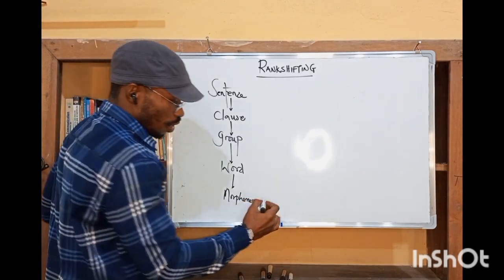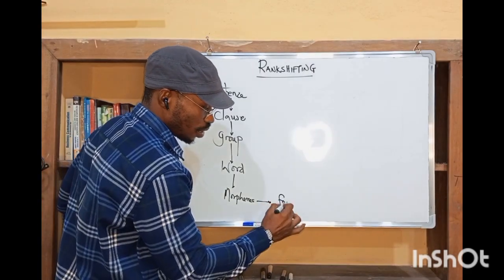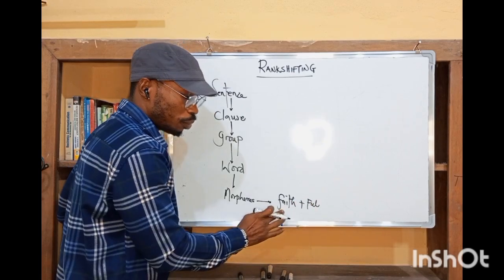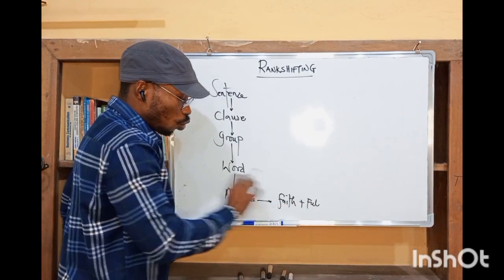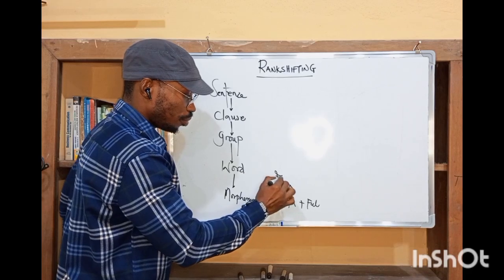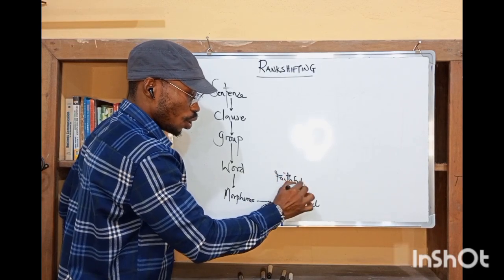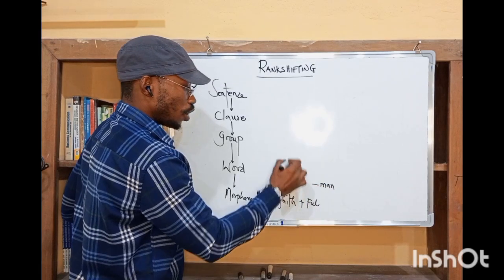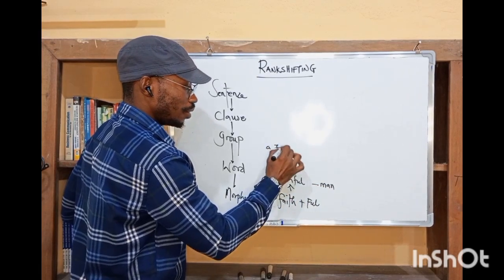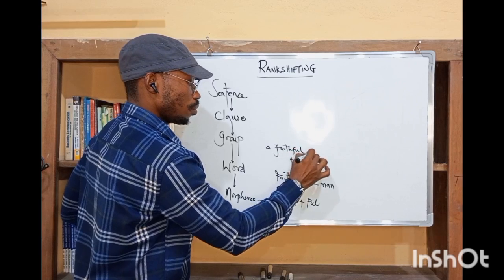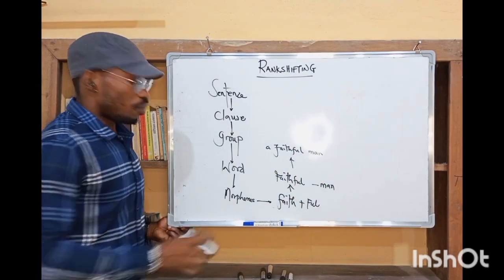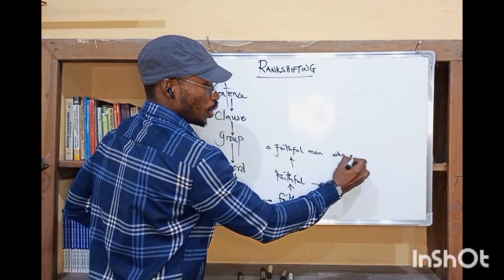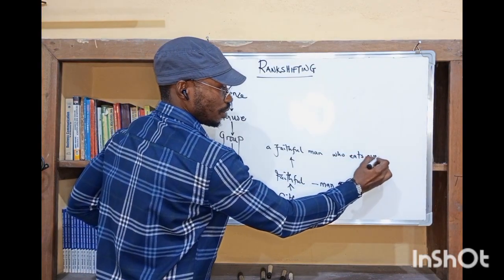For instance, faith plus the bound morpheme full, free morpheme, bound morpheme, come together to give the word faithful. Two words such as faithful plus man could give a group: a faithful man. Then several groups, such as a faithful man who eats every day.